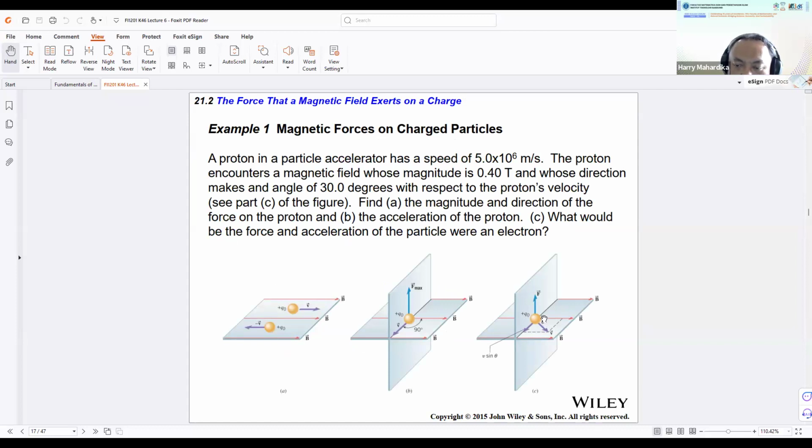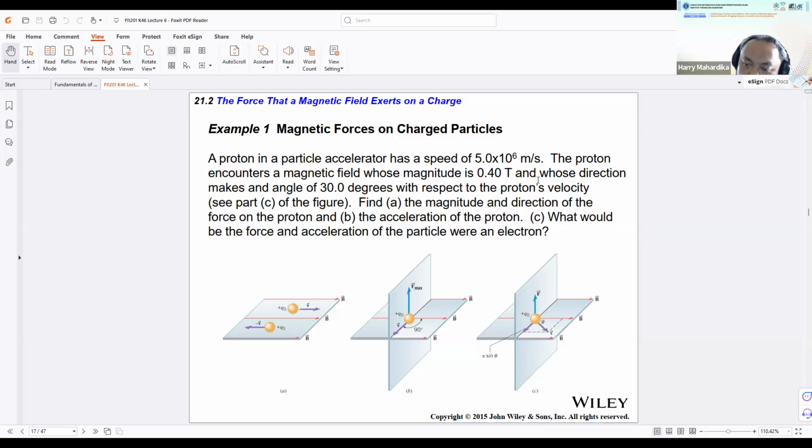Again, if a certain problem that we face later on gives us other directions, then we need to apply our right-hand rule to the problem being asked at that point.